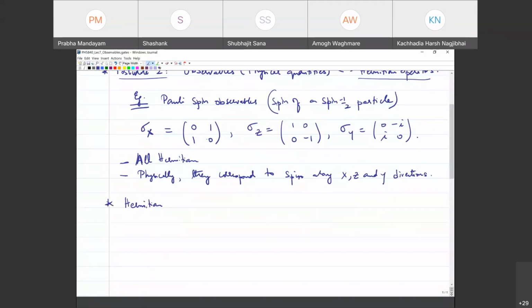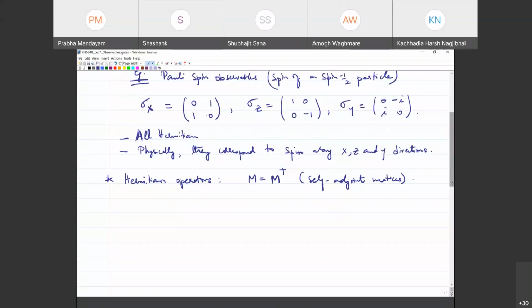So first of all, we said that an operator M is Hermitian if M is the same as its conjugate transpose. M is M adjoint. So these are also called self-adjoint matrices, right? And there are a few properties of these which makes them interesting from the point of view of quantum mechanics.